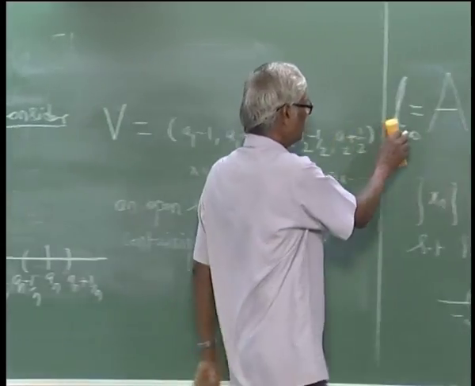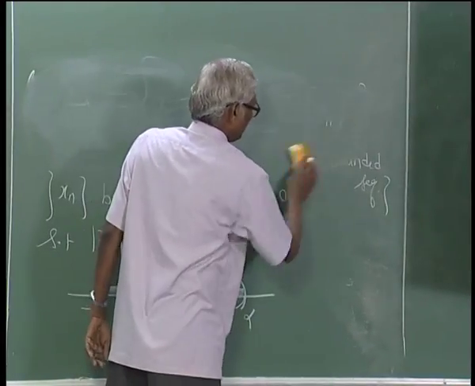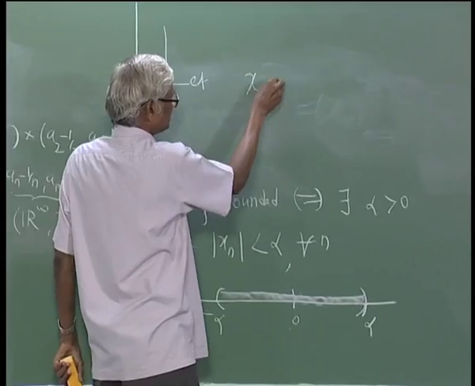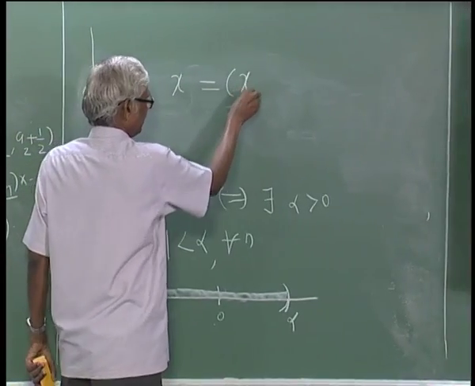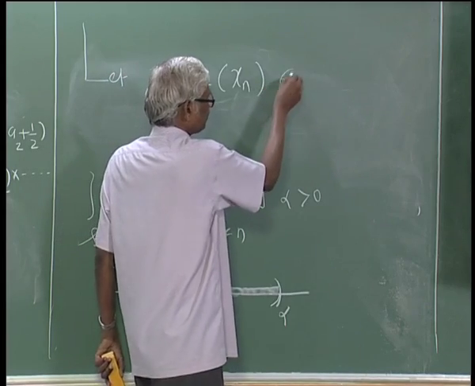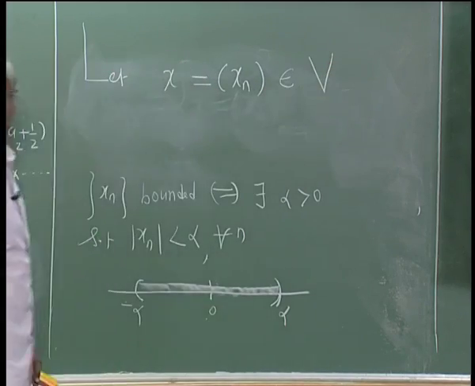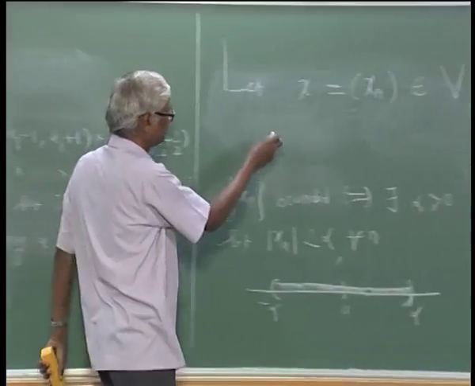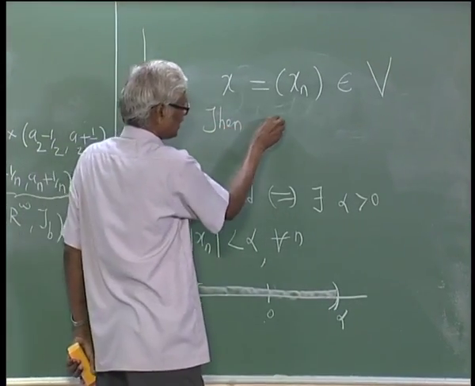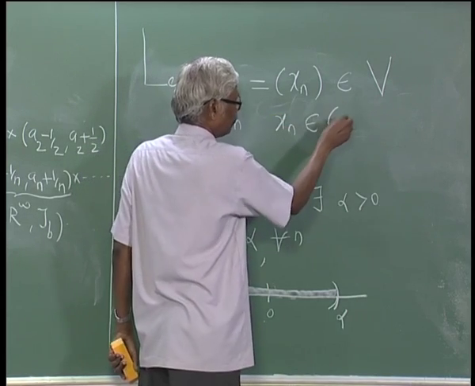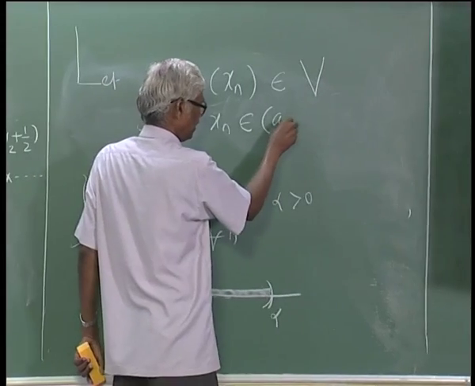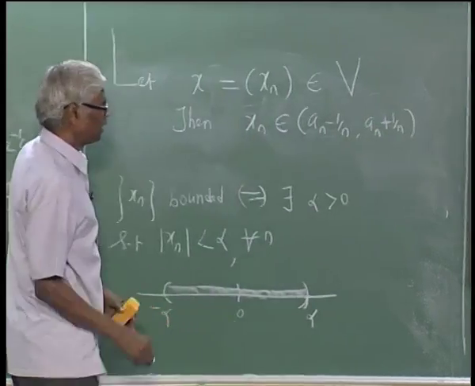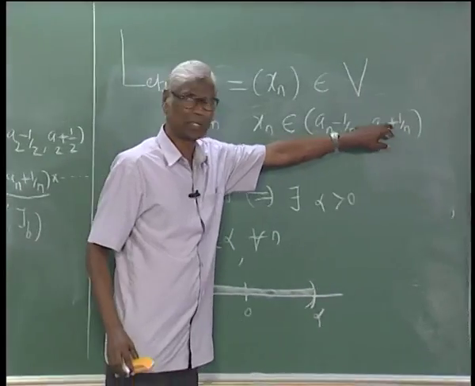So, now if we fix any x, let us say x equal to x_n belongs to our open set V. So, this means the nth term x_n belongs to the open interval centered at a_n and radius 1 by n, a_n minus 1 by n to a_n plus 1 by n.